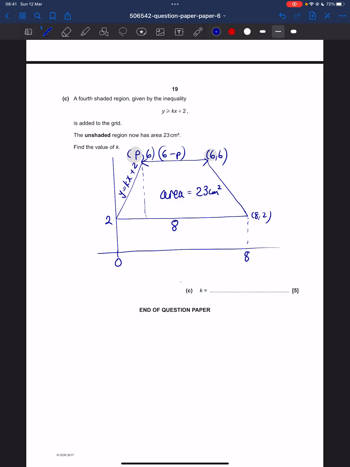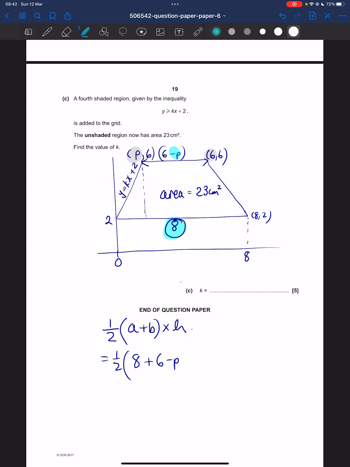The area of a trapezium is half the sum of the parallel sides times the distance between them. That's the way the formula goes. So it's a half, 8 is the base there, plus 6 minus p. We need a highlighter.